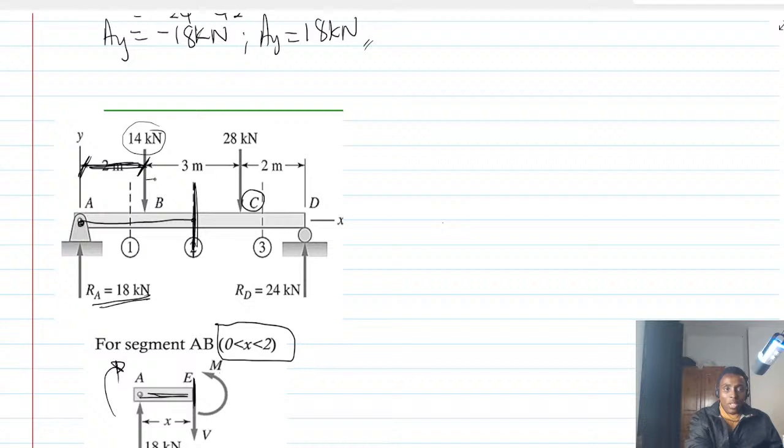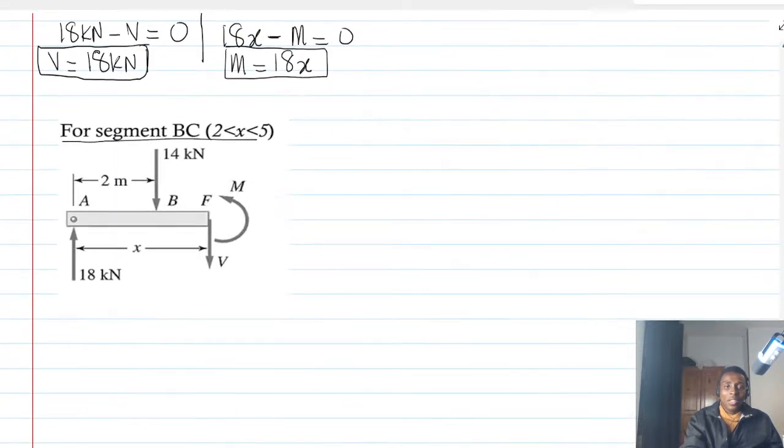But we don't know the distance here. Meanwhile, we know from here to here is what? X. Right? So if this is x, and then from here to here is 2, then this small distance away from 14 to this point, we can call it what? X minus 2. I hope the concept is clear.